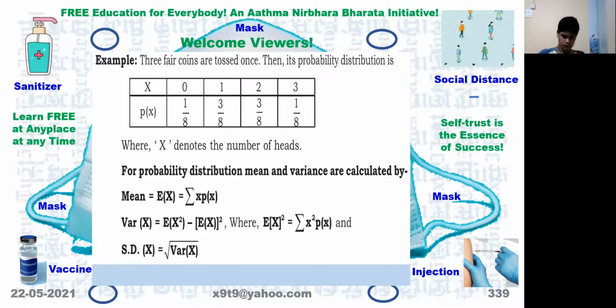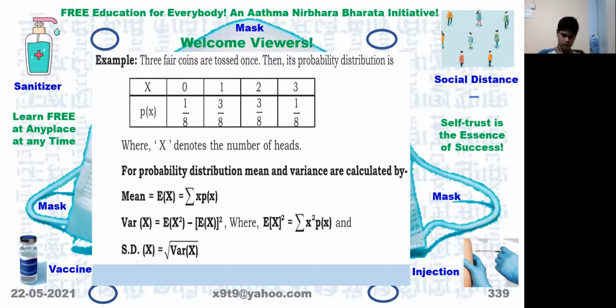That is, x is the first column, px is the second column. If you multiply those two and find the sum, that is called sigma x px. So now multiply the x value in the first column and the p of x value in the second column and write it in the third column.